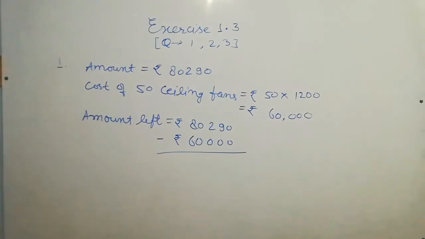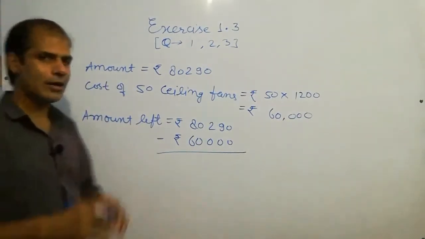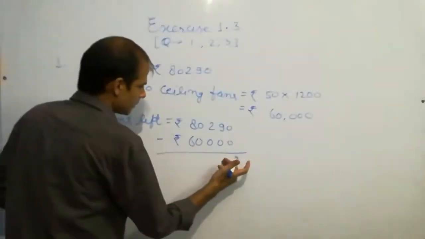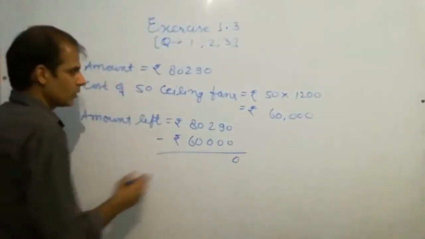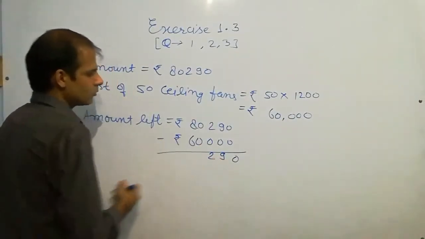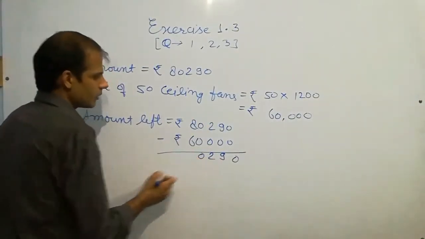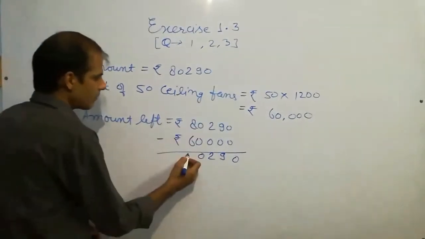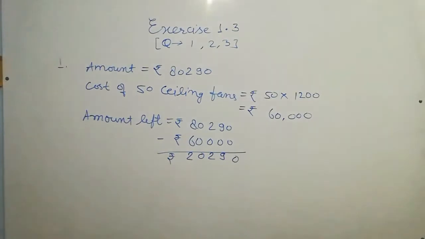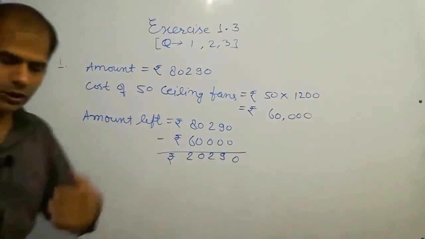So what will be the answer? I hope you know the process of subtraction. 0 minus 0 is 0. 9 minus 0, 9. 2 minus 0, 2. 0 minus 0, 0. 8 minus 6, 2. So the answer is 20,290.